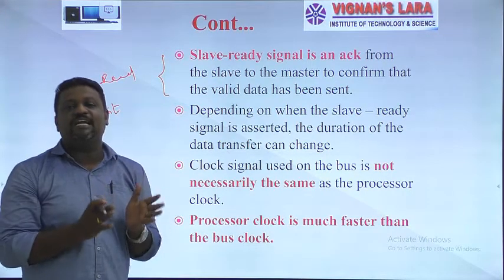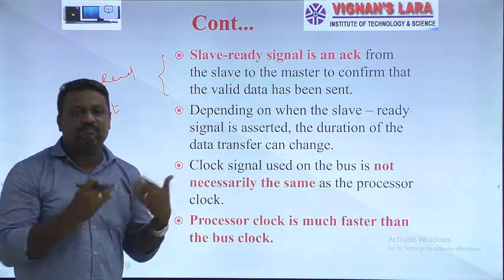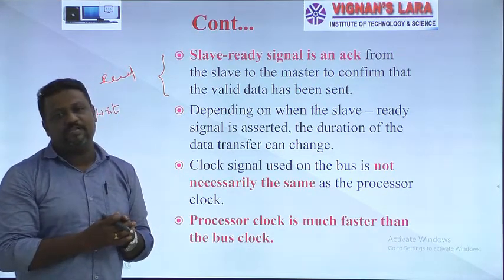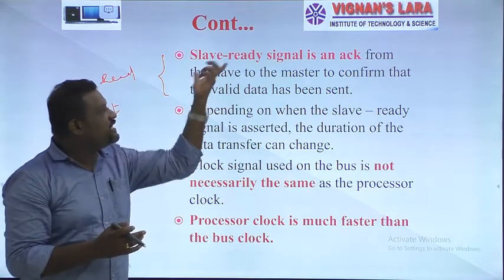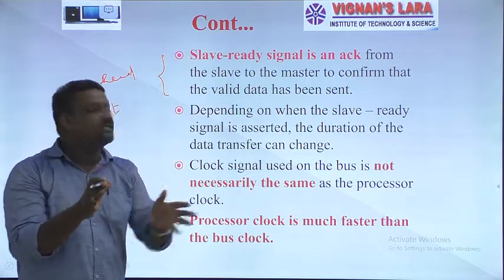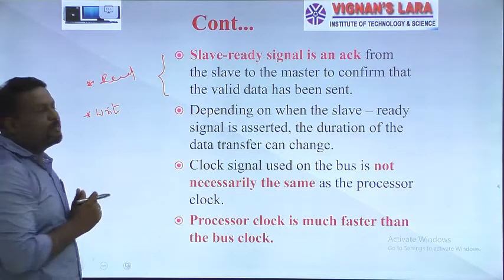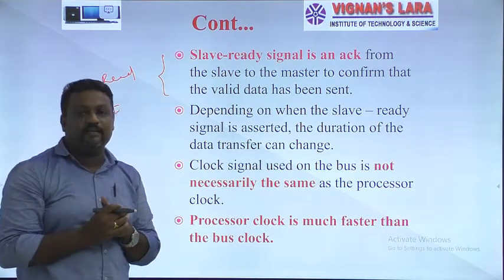Then your master identifies that the slave is ready to accept my data, and the master transfers the data to the slave. So that's why the slave ready signal acts as an acknowledgement signal, and it helps us do both read as well as write operations without any difficulty.